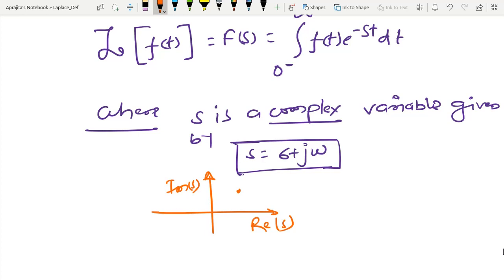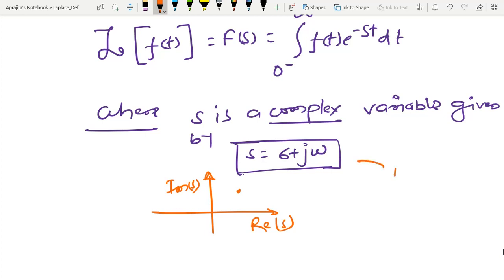And if you see the dimension of s, since the dimension of time is second, the dimension of s is 1 by t, or inverse of second, because the exponential function has to be dimensionless. So if time has a dimension in terms of second, then s has to be 1 by second. So automatically s is nothing but the frequency.